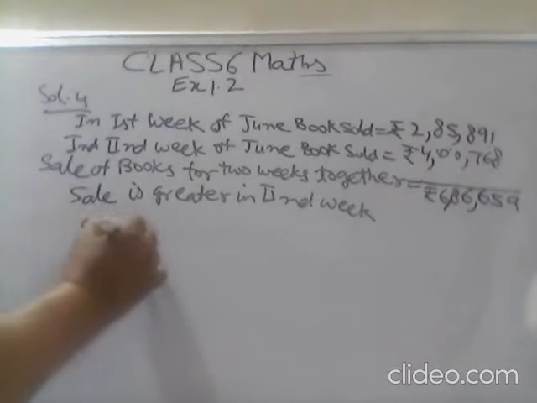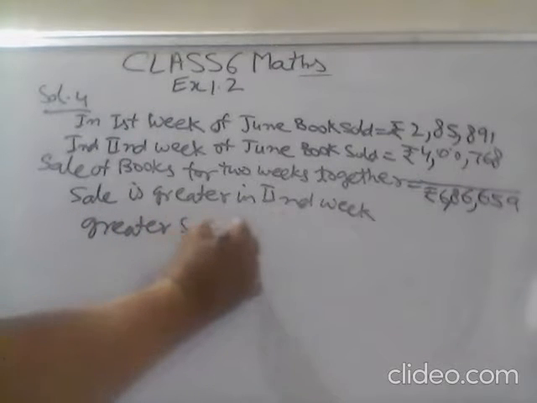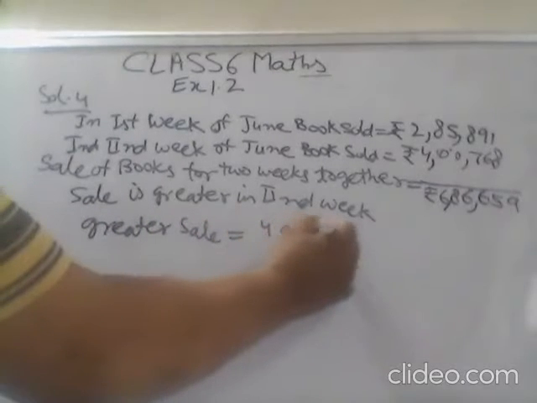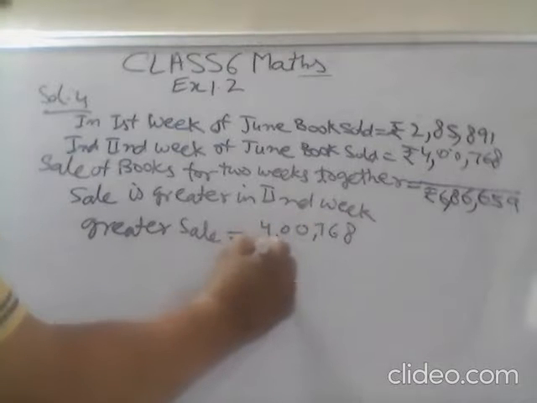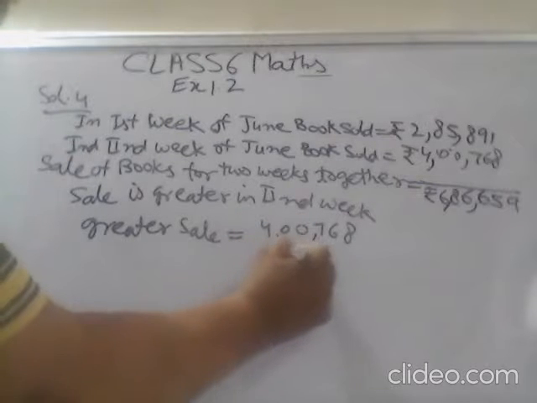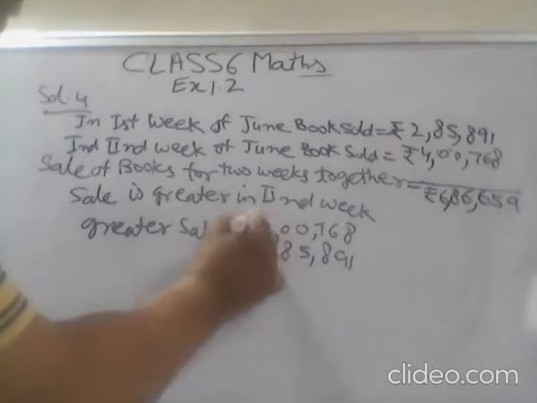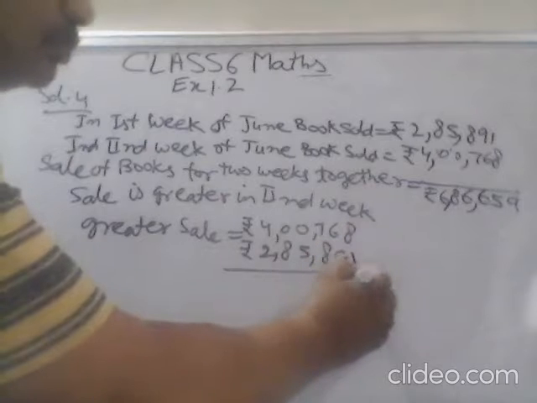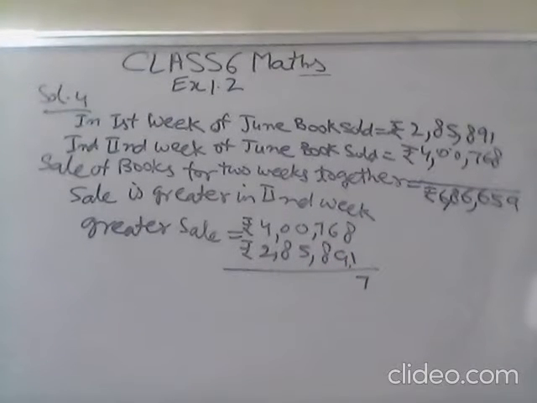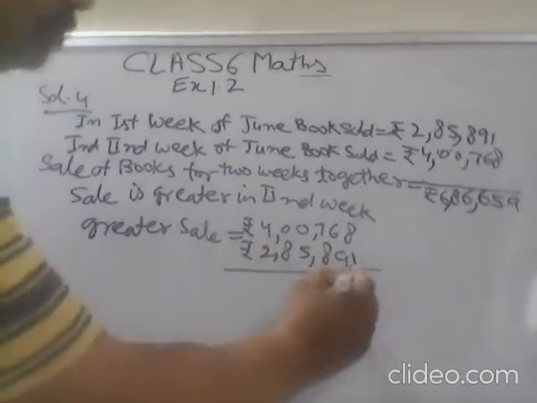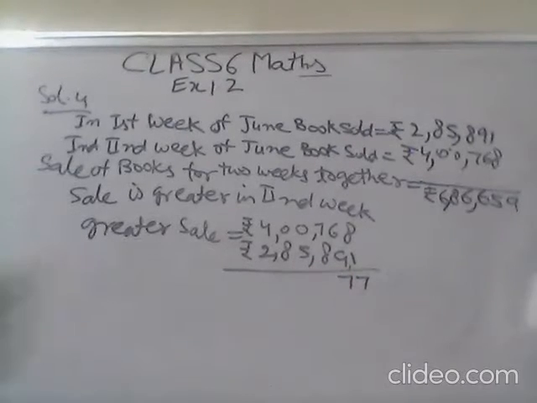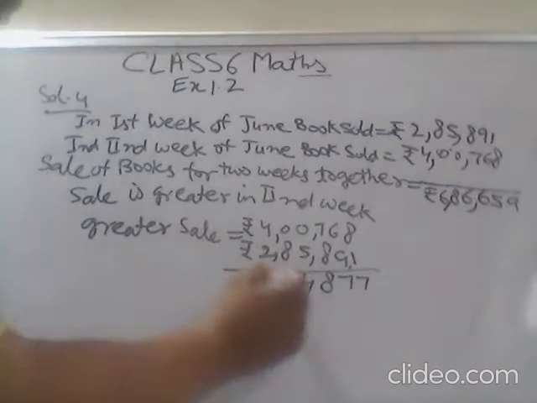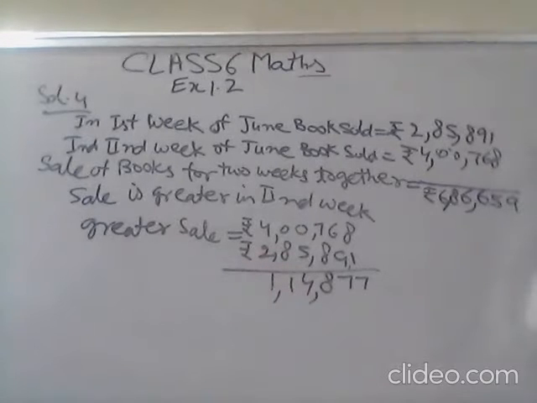Greater sale minus smaller sale, 7, 8, 4, 1,14,877.